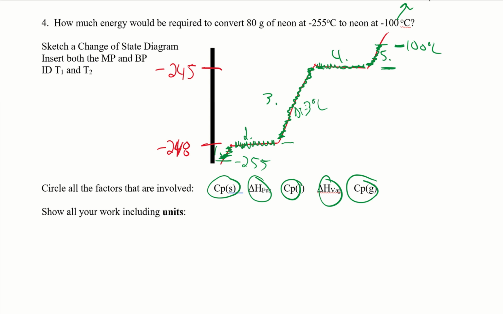Delta H of VAP, step number 4 is 0.41 for neon. I was looking at copper. So anyway, step number 5, CP of a gas for neon, which is 0.25 times 145 degree Celsius temperature change, because it's between here and here, and then finally multiply by the 80 grams.